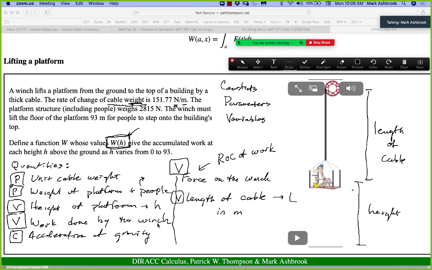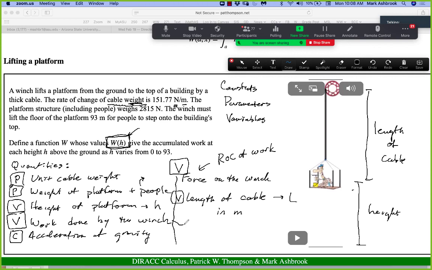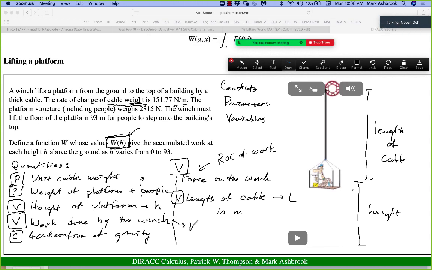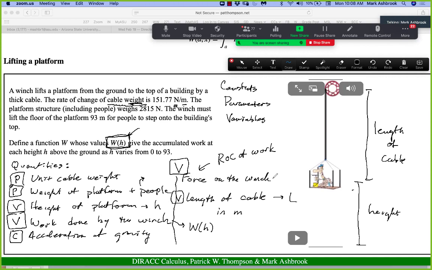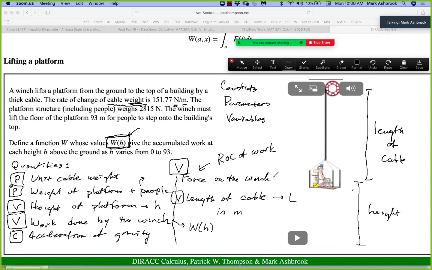What about the work done by the winch? What symbols do we have for that? W of h. Okay, so we got W of h. What would the force on the winch be then? How are we going to symbolize the force on the winch?